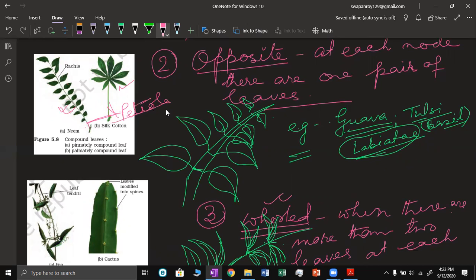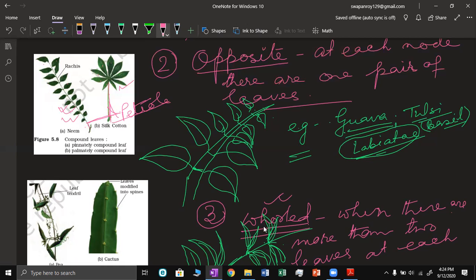One leaf has only one petiole. So if to a petiole more than one lamina is attached, that is, smaller leaves are attached, then this is known as a compound leaf.